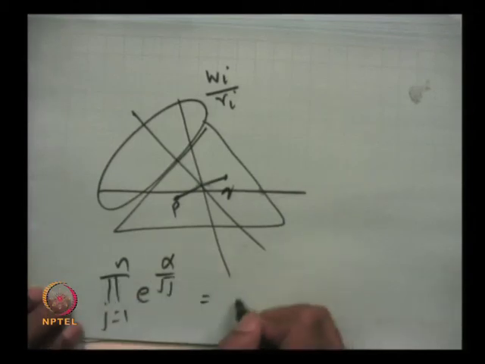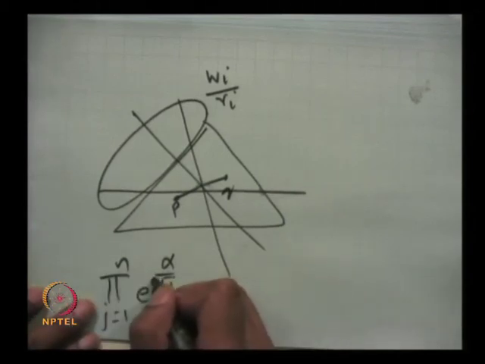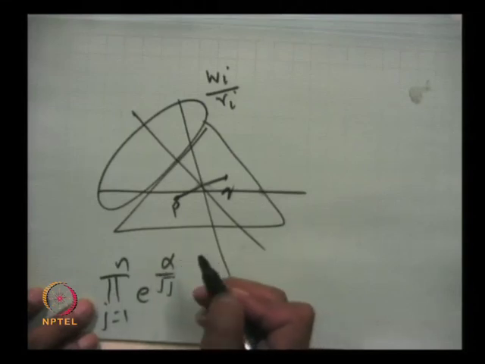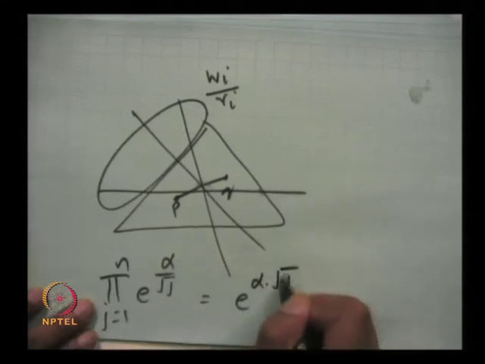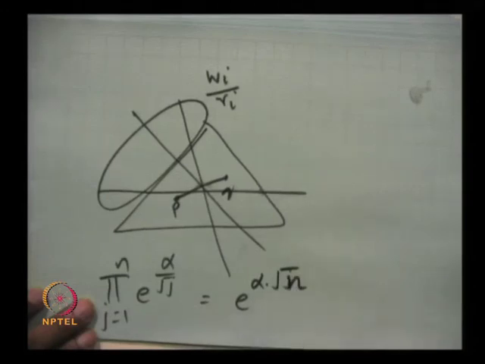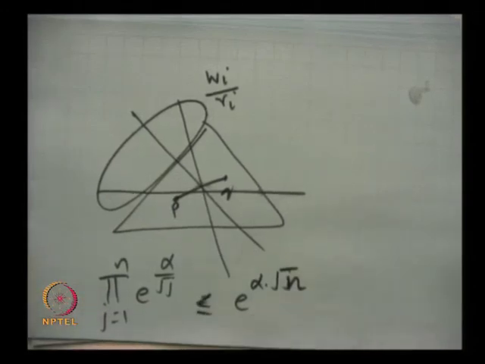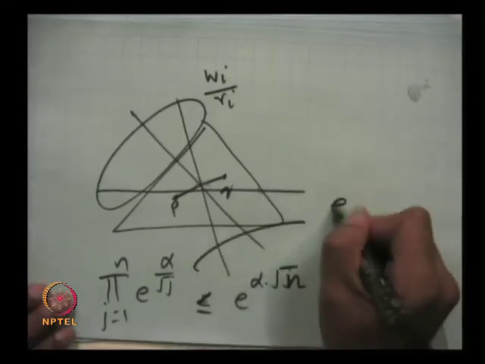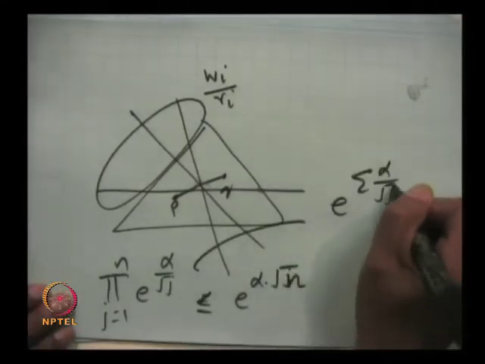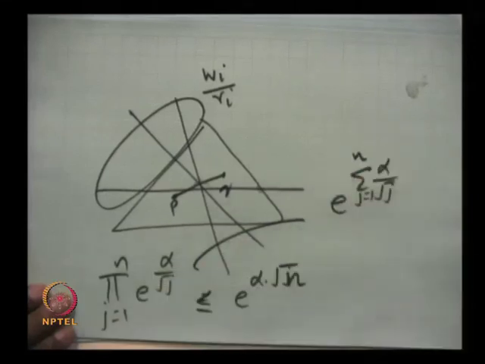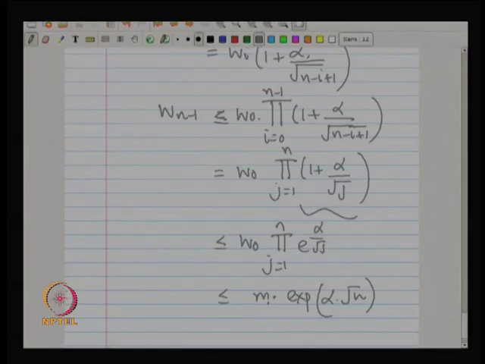The sum in the exponent you can think of as an integral: if you integrate 1 over square root of j up to n, you get the square root of n. So this becomes e to power alpha times square root of n. This is the final product.